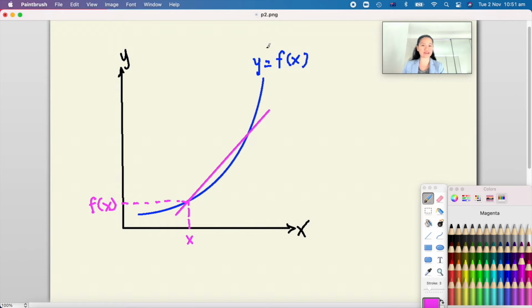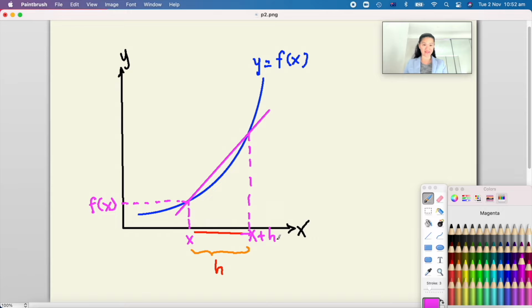You put x inside y equals f(x). Now, how about the distance? If the graph moves a little bit further until here, this distance I give as h. Obviously, this point is x plus h.